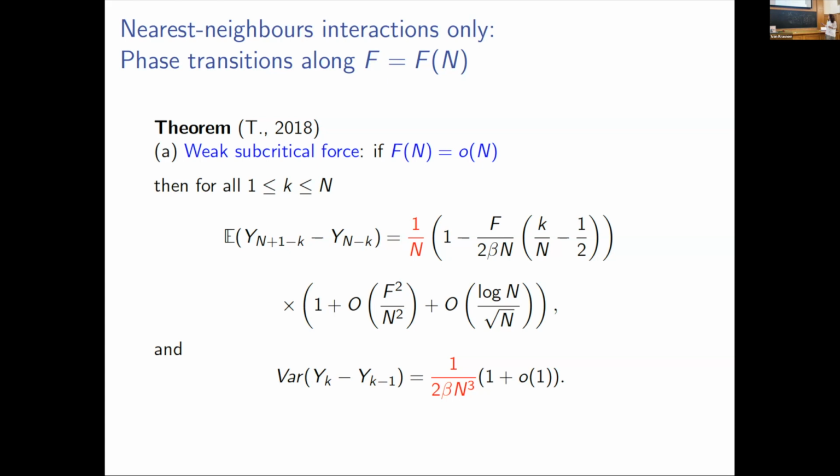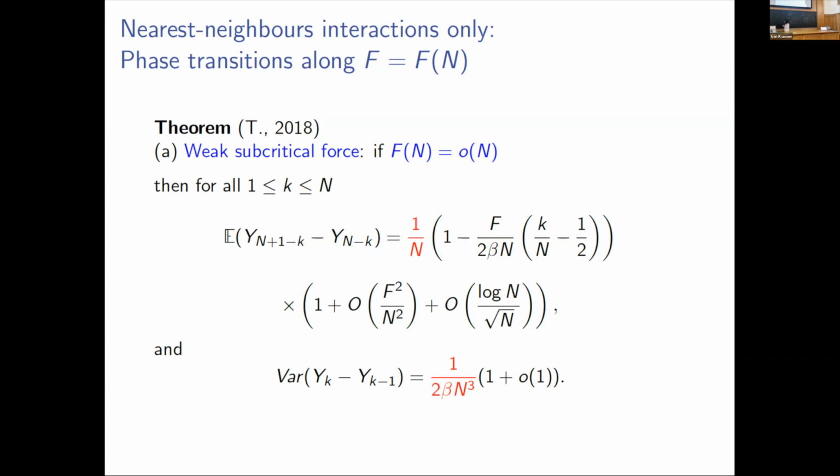Since they are repelling potentials, if we have a small force, not very small, it could be up to o(n), then the particles tend to repel each other, as one could imagine.